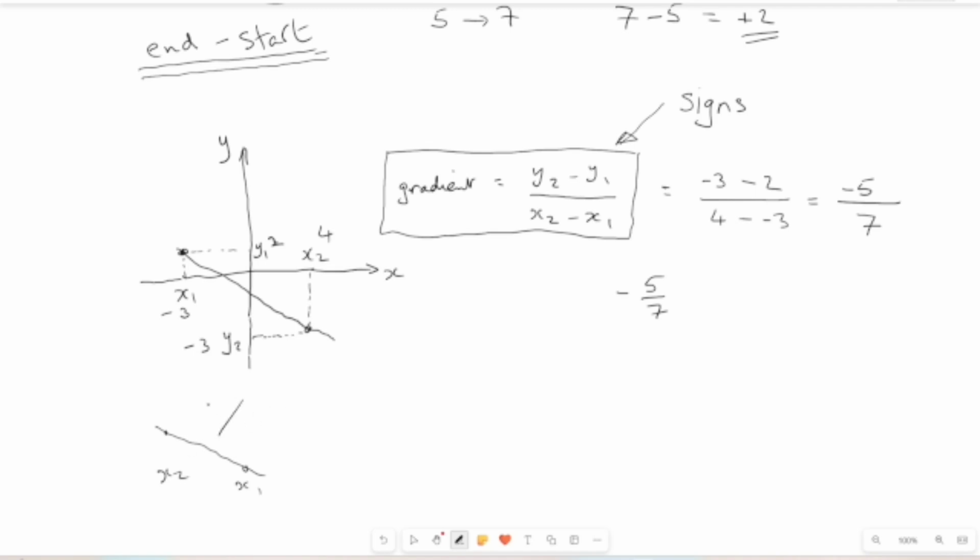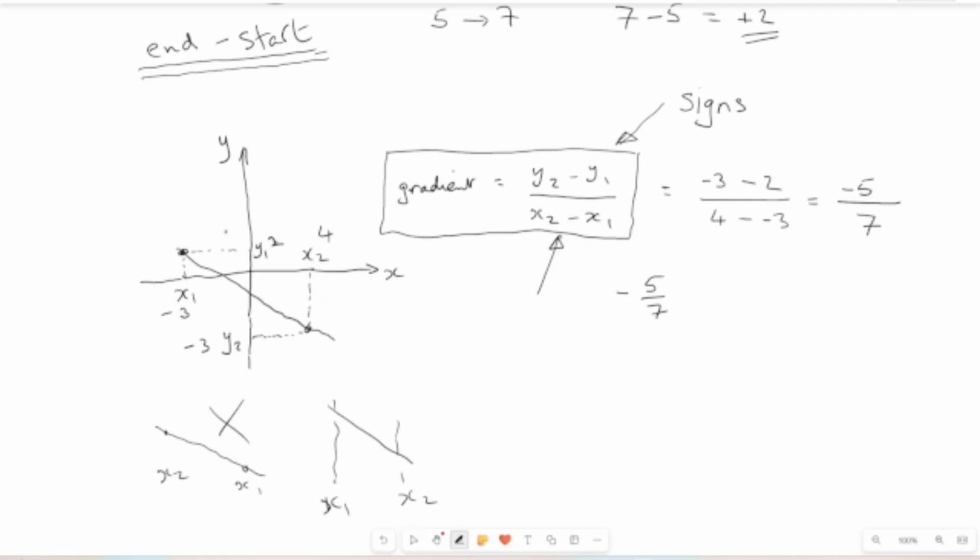Okay, don't do that. Do it always, whatever points you have, x1 is there and x2 is to the right of it. Associate the y2 with x2, the y1 with x1, and then just remember this formula, and it'll always work out right for you.